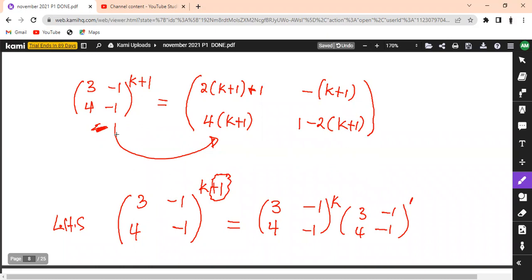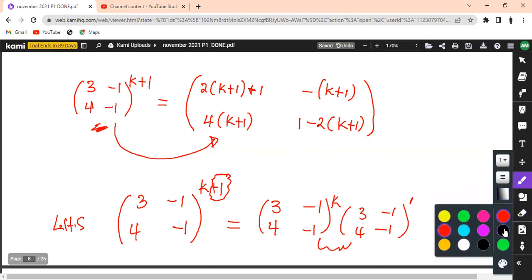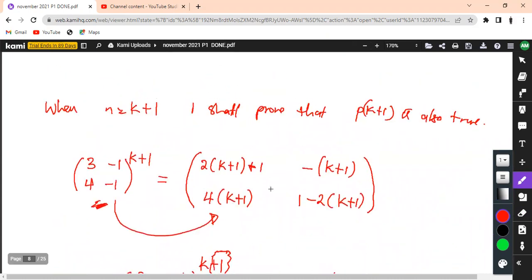So these are the two matrices that we are multiplying. Now the question is, if this was a multiplication and this is what we have, how then did we manage to obtain this part of the brackets that we have?